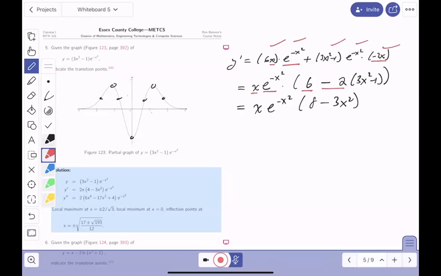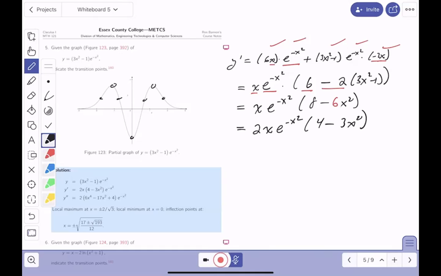Ah, I see it. I'm glad I see it. 2 times 3 is 6, but minus 2 times minus 1 is plus 2. All right, there's my error. Let's keep going. Factor another 2 out. They get 2x e to the minus x squared. That would be 4 minus 3x squared.